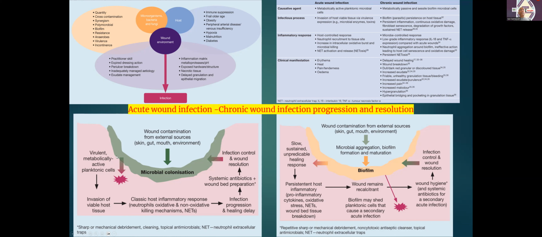In an acute wound, there is microbial colonization with virulent bacteria present, and there's a classic host inflammatory response, wherein there could be neutrophil oxidative changes and neutrophil extracellular traps, NETosis, where there are increased NETs present, and then we can use systemic antibiotics.